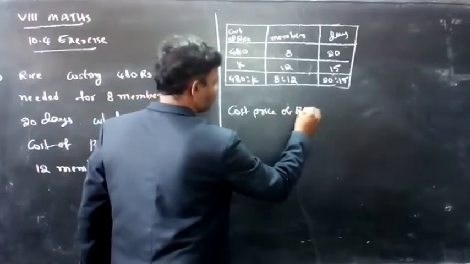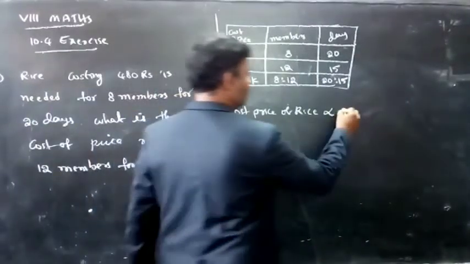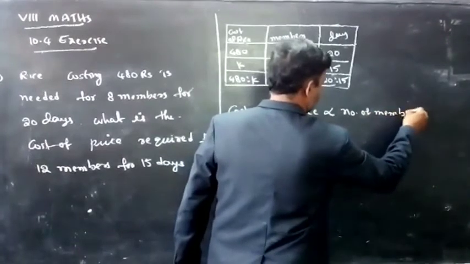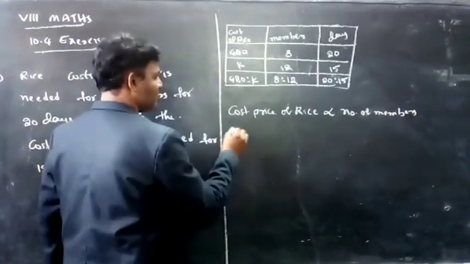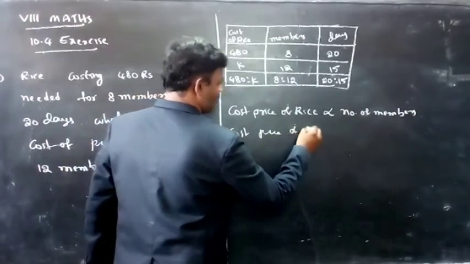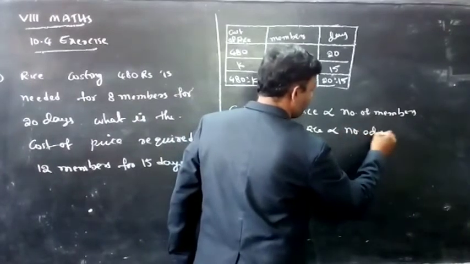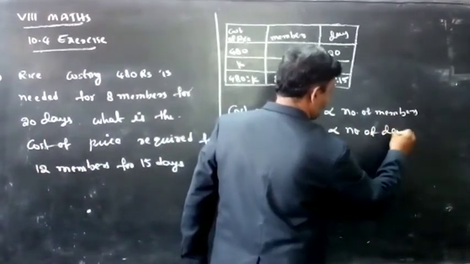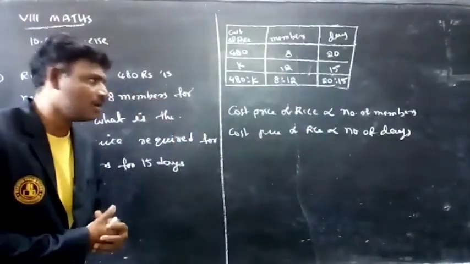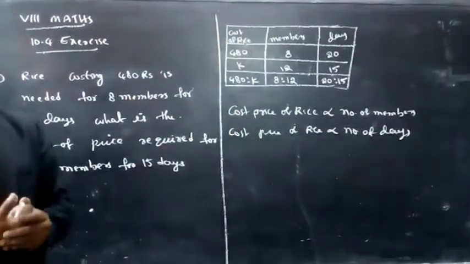Cost price of rice is always directly proportional to the number of members, and cost price is directly proportional to the number of days required.